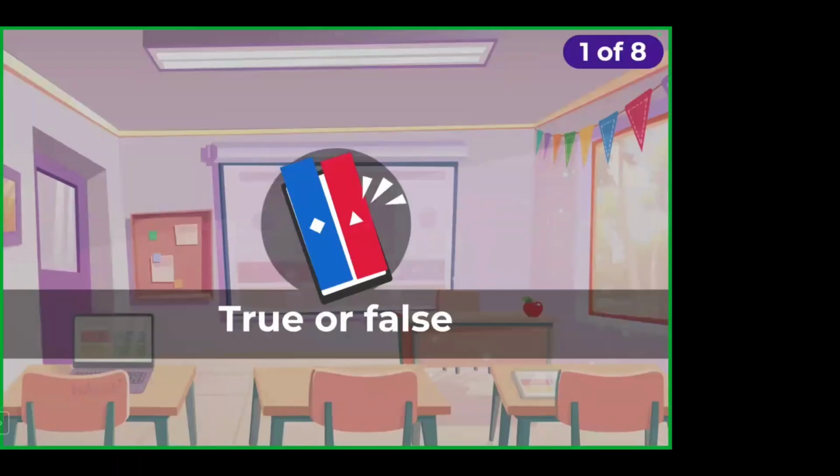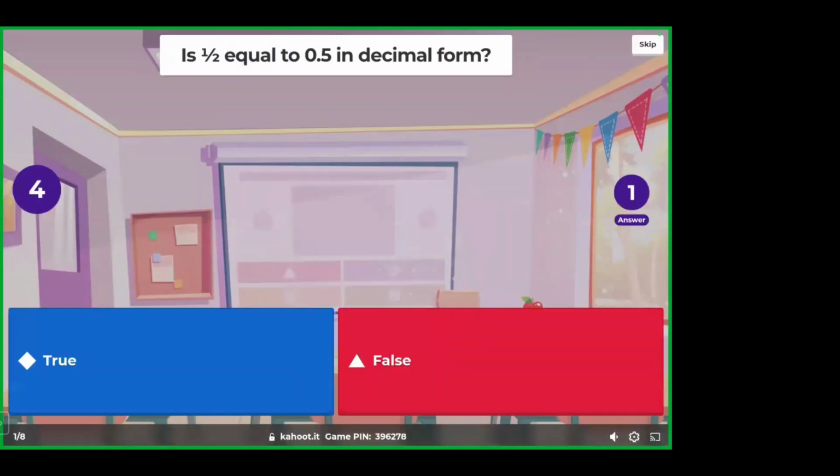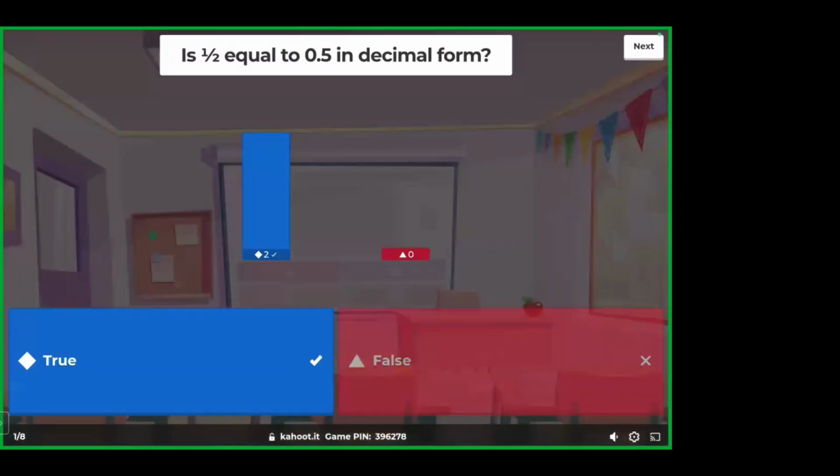Let's see who's the winner at the end. Is 1 per 2 equal to 0.5 in decimal? Yes. Oh, cool. All of you answered it correctly.